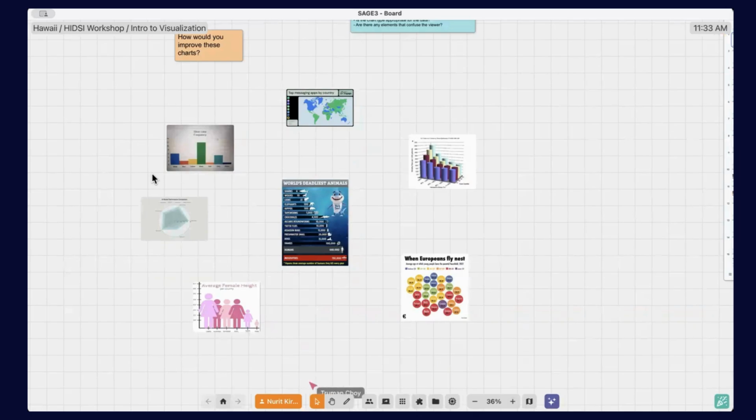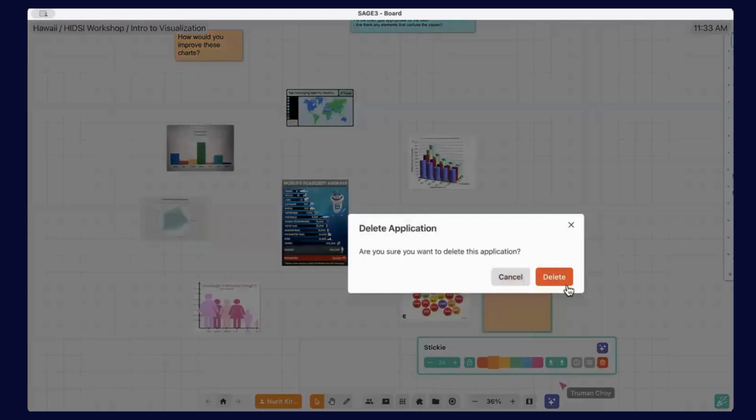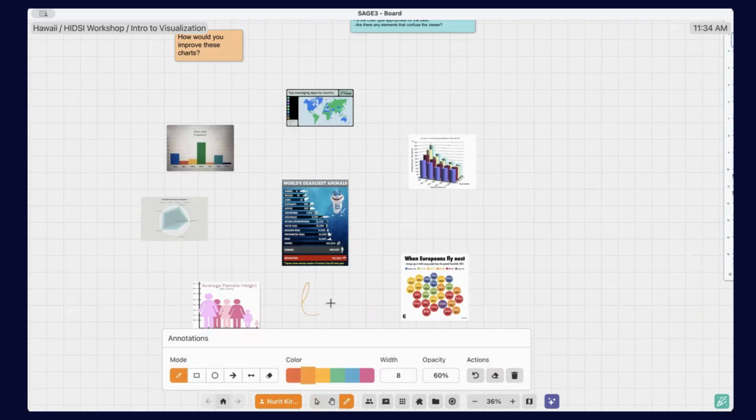Should they be improved? How would you improve them? Feel free to add little notes next to one of these with your notes, or you can suggest something with some annotations.